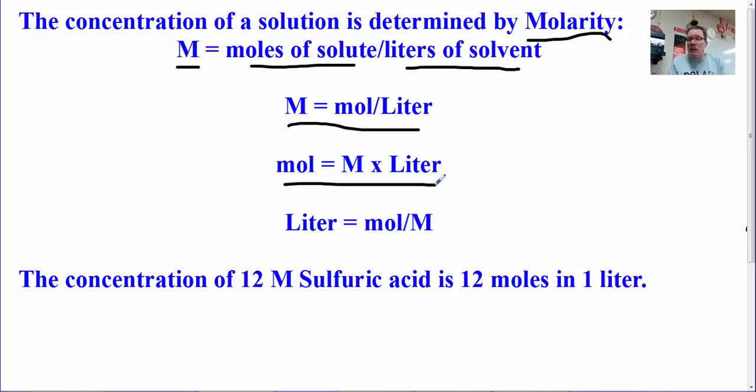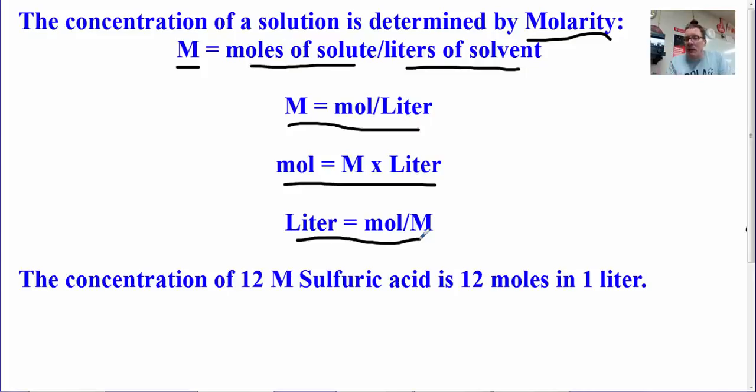And so I can rearrange that to say that if I want to find moles, then it's the molarity times the liters. I may need to calculate the volume and know how much water as a solvent I need to get to this concentration. So how much water am I using to dissolve, say, a given amount of sodium chloride? In which case, that's the moles of the solute divided by the molarity.